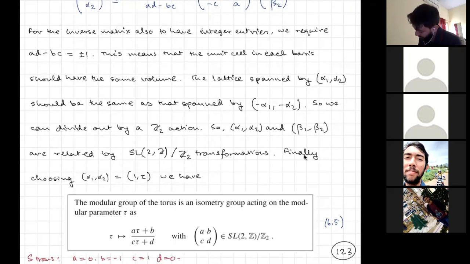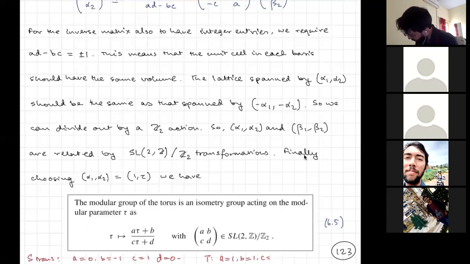And for example, the T transformation is A equal to 1, B equal to 1, C equal to 0, D equal to 1. Sorry, not C equal to 1, D equal to 0, or the other way around.